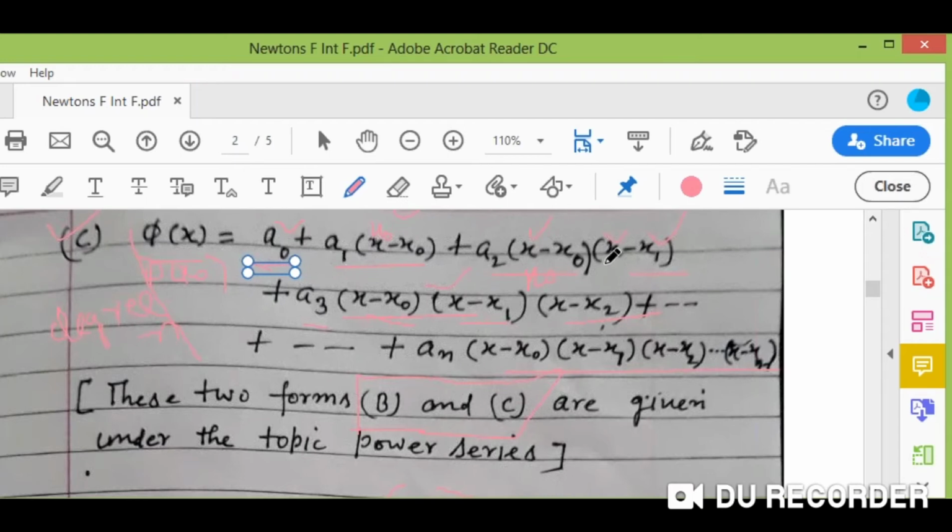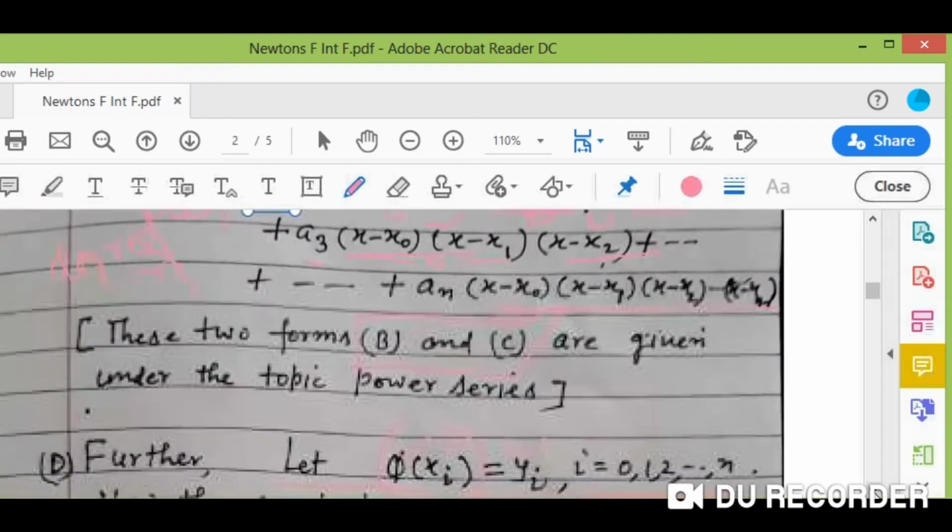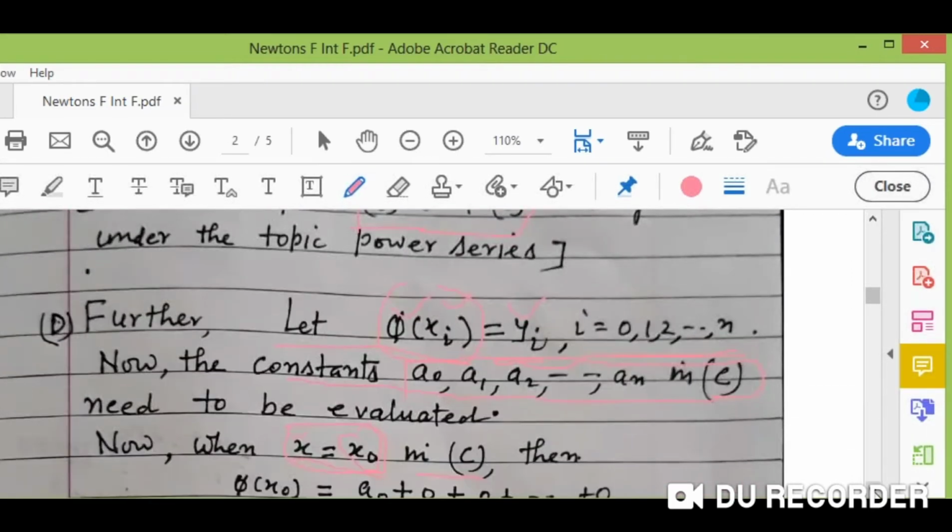So x naught minus this is 0. Again this is 0, again this is 0. So all terms will be 0, and so forth. What is remaining? I am going to show you what is remaining here.